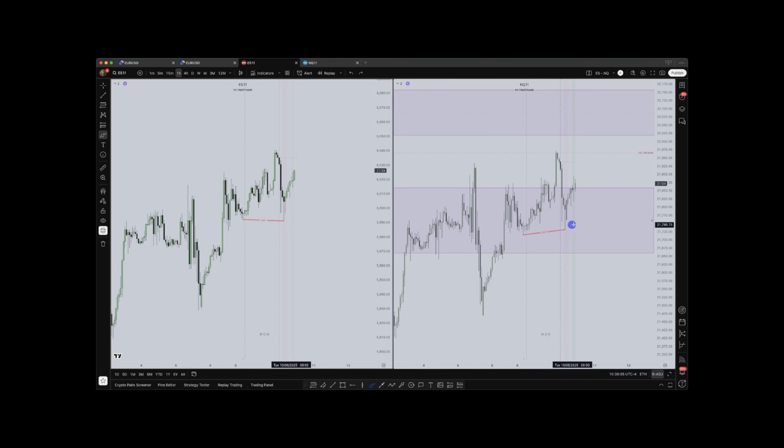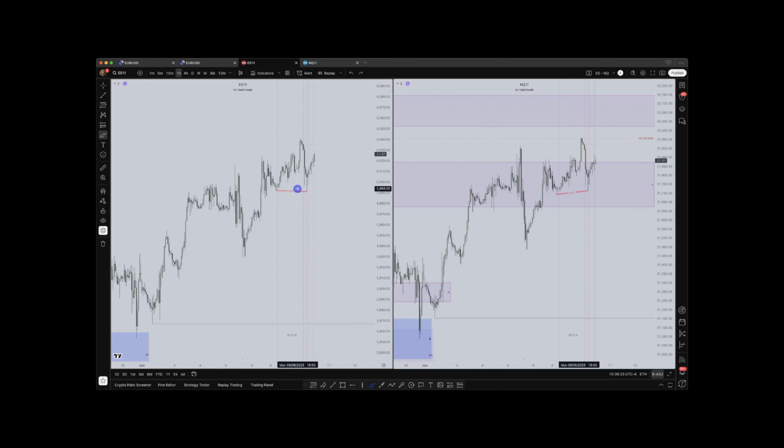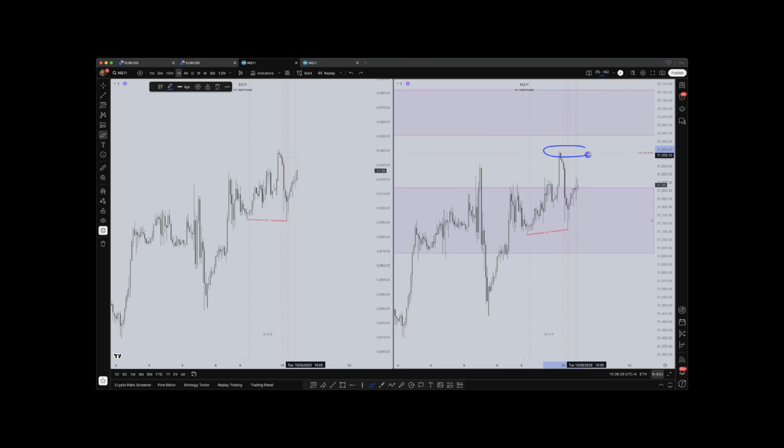So if you spot something like this, you can expect the one who is not respecting. Also, you need to have a bigger, higher time frame bias. Okay, so I was interested here and in this daily fair value gap, so I'm still bullish.